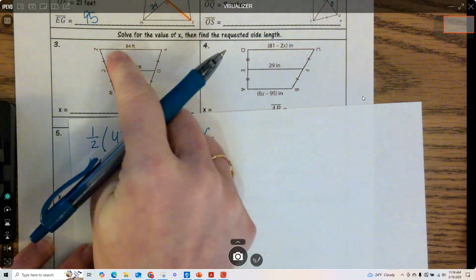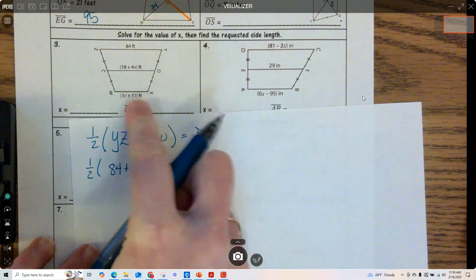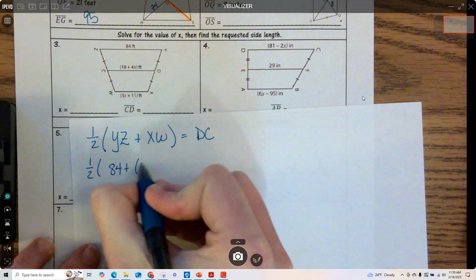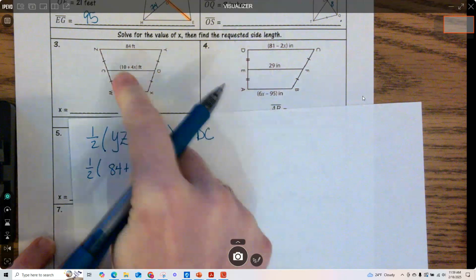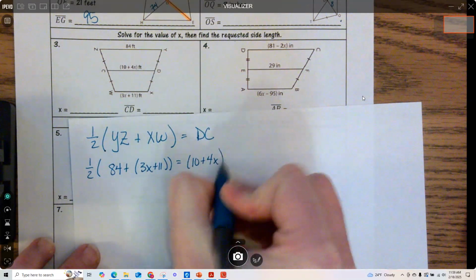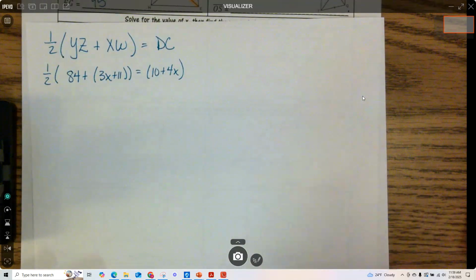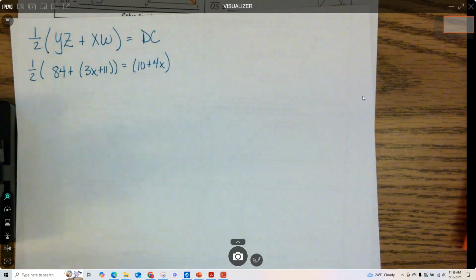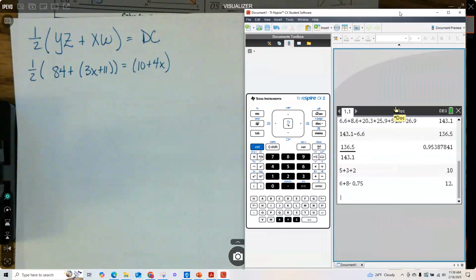So YZ is this one. It's 84. XW is this one, 3X plus 11. And then DC is this one, 10 plus 4X. If you can get it to this point, the calculator does the hard work for you. So let's see.